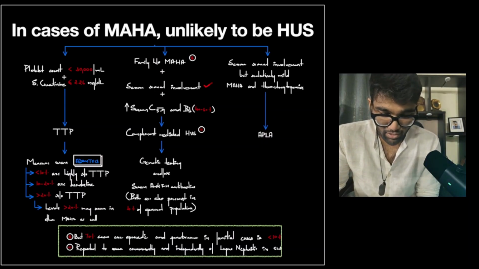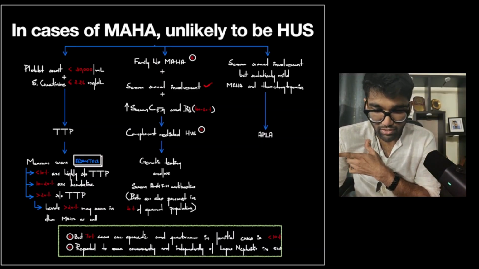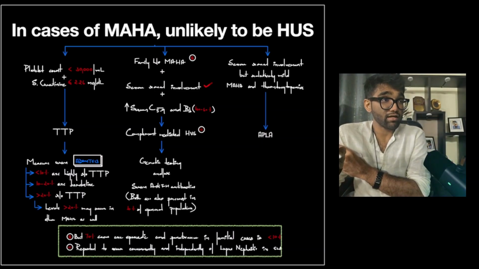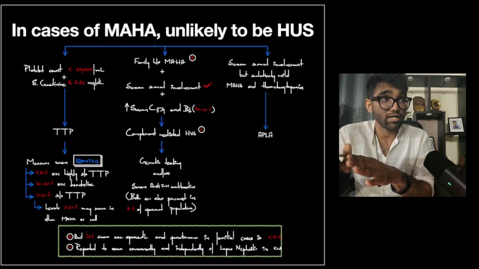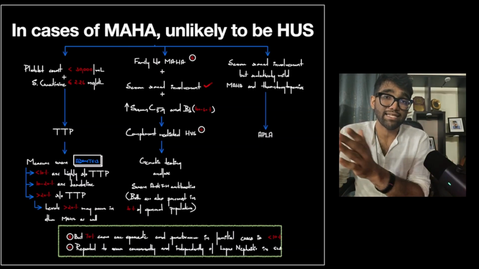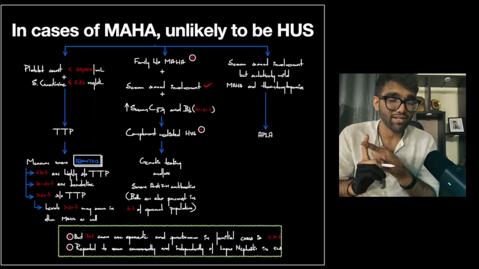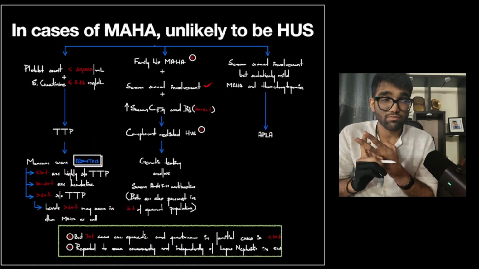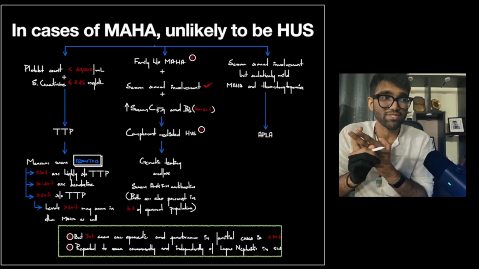Okay. Now, the other thing that you need to understand is that complement-mediated hemolytic uremic syndrome can also occur concomitantly with SLE lupus nephritis. Again, we've discussed C3 glomerulopathy as occurring in lupus nephritis. We have discussed microangiopathic hemolytic anemia occurring due to complement-mediated HUS in lupus nephritis.